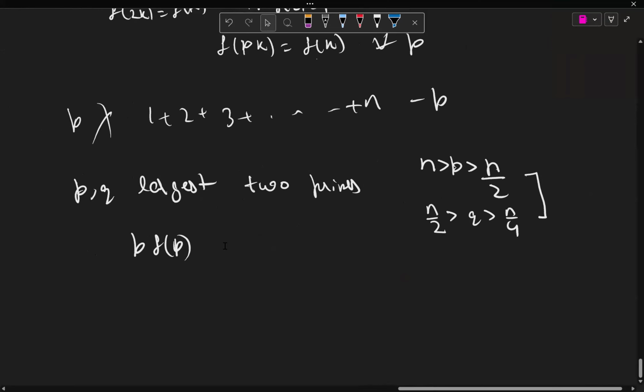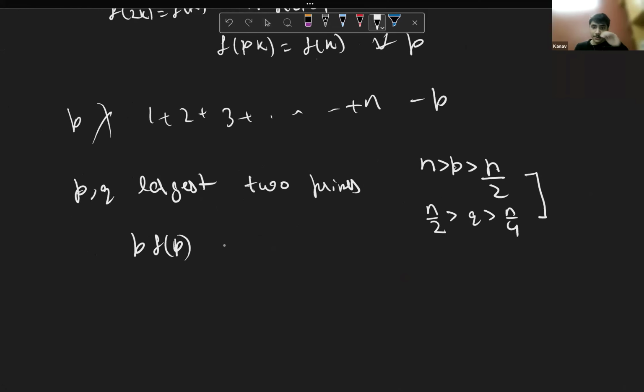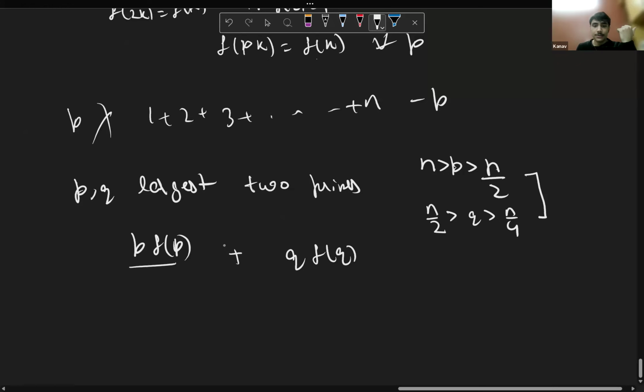Okay. So you can pick 2 primes like this. Now, the point is you would have p times f of p plus q times f of q. If you just have these 2 terms, you're done, right?